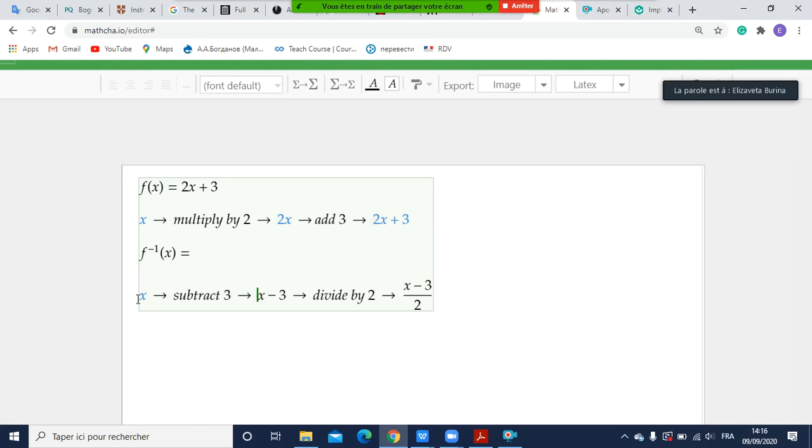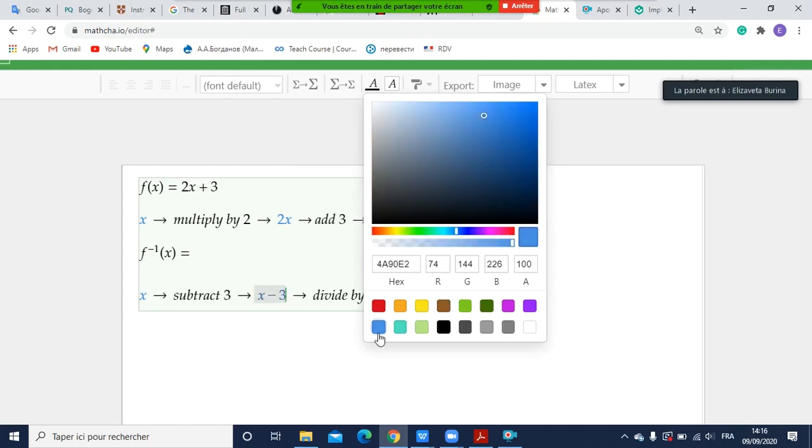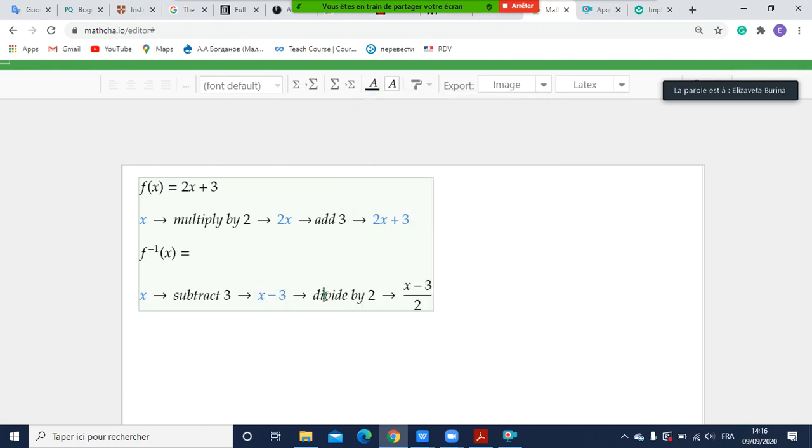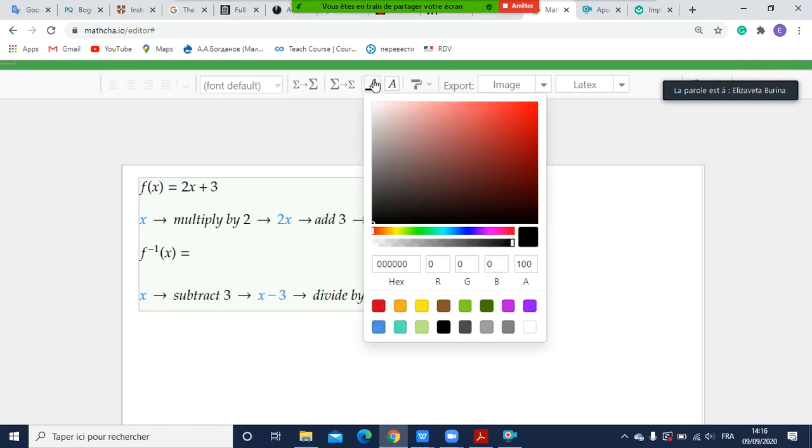The last one was adding 3, now we are undoing it, subtracting 3. Then the first operation was multiplication by 2, and now we divide by 2. And this is what we get.